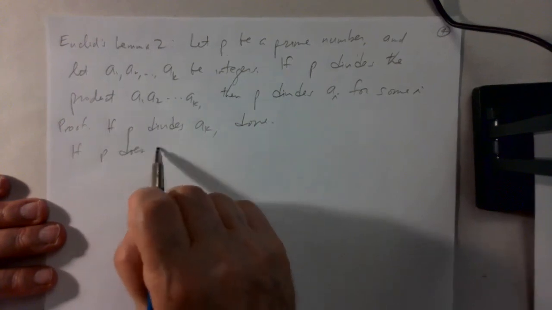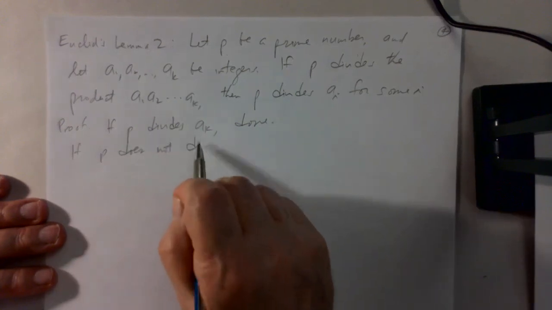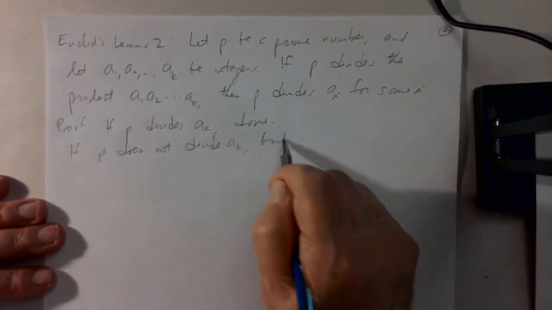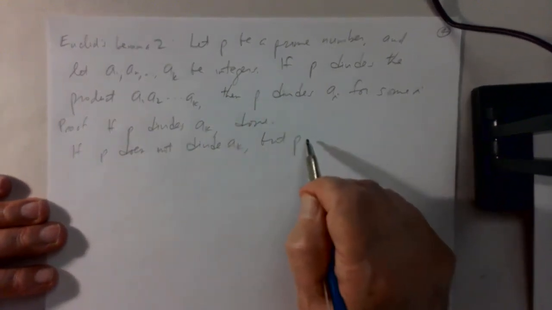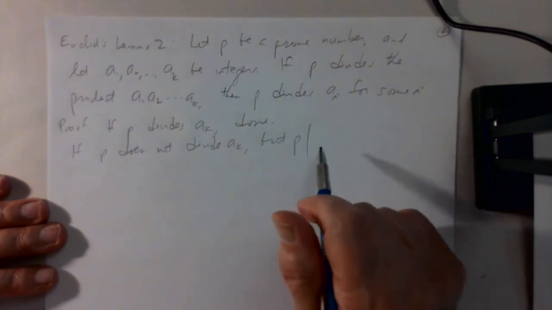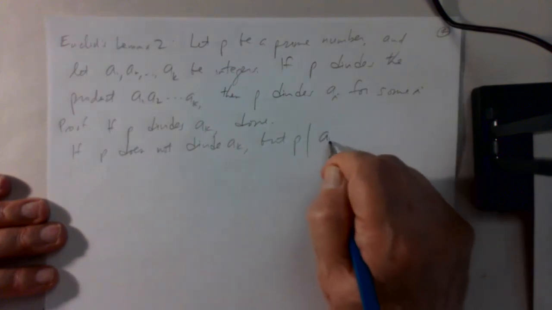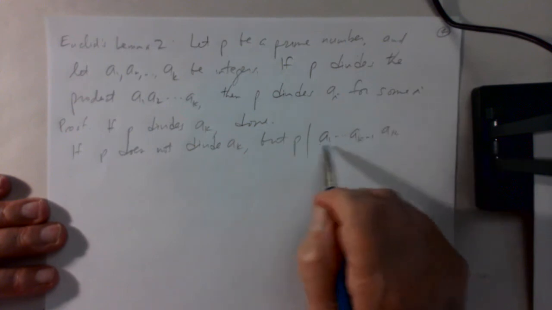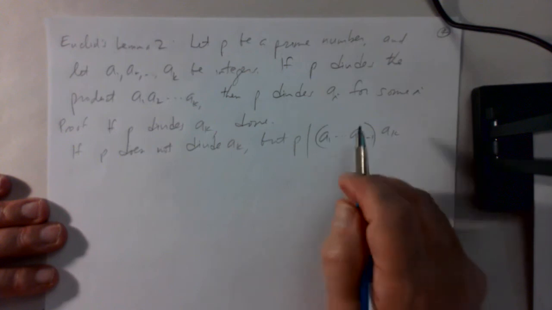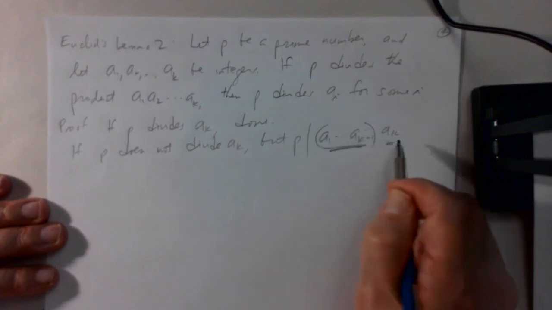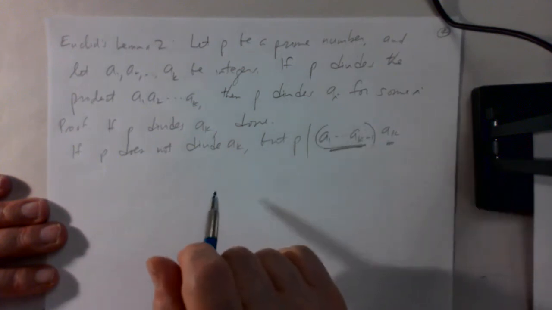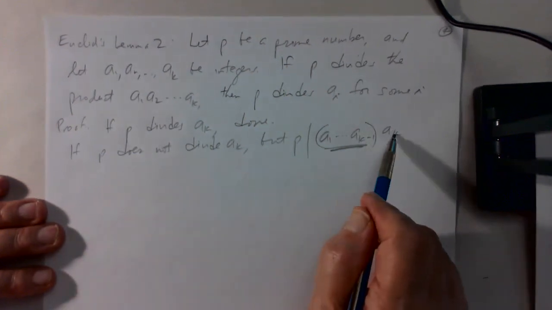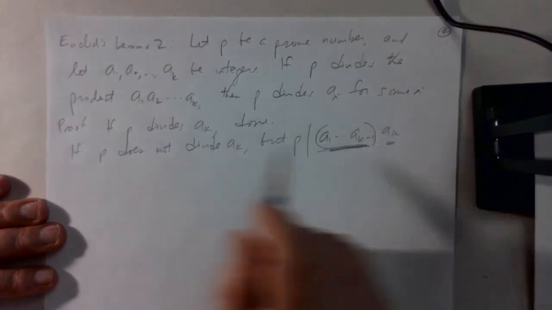If p does not divide ak, but we know p does divide, I use a vertical line, that means division, a1 up to a sub k minus 1 times a sub k. We know p divides this product, which we can think of as the product of this number and this number. And by the first form of Euclid's Lemma, if p doesn't divide ak, but it divides the product, it divides this.